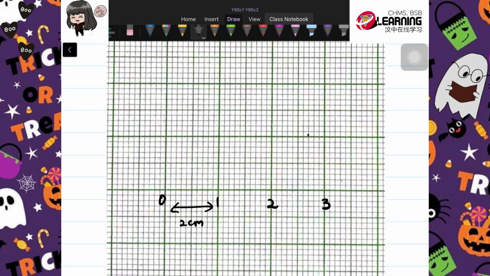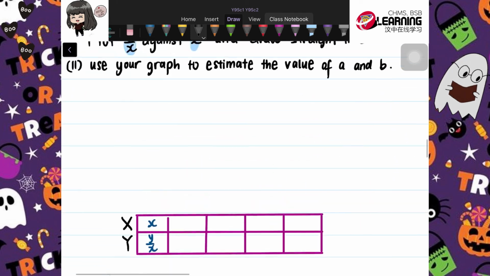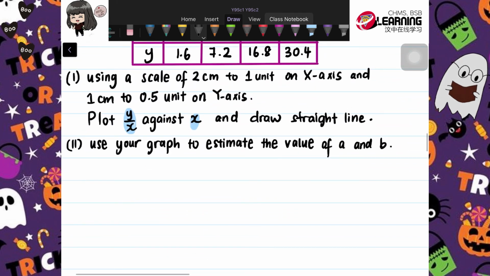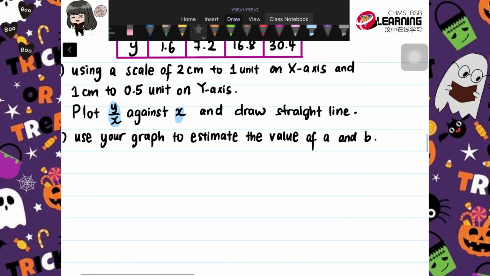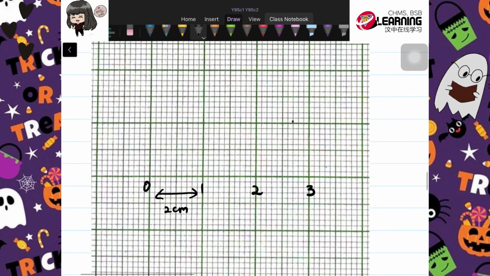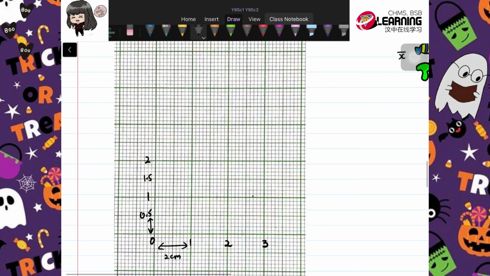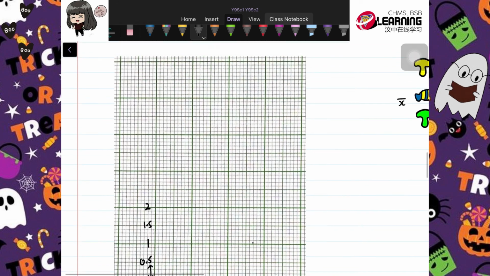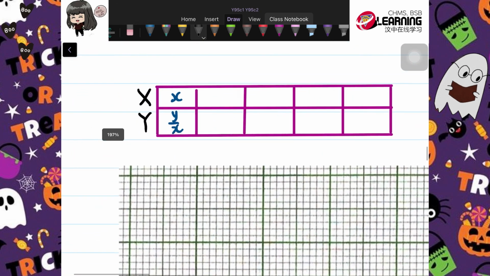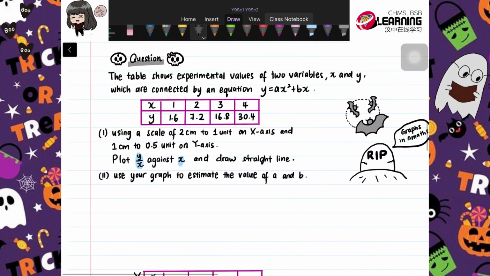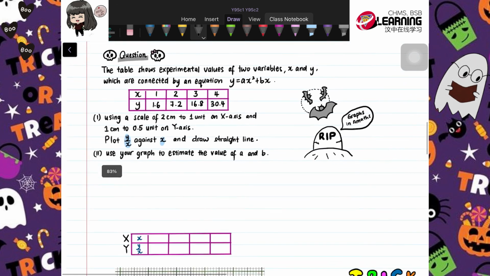And then your y-axis is 1 cm to 0.5. Okay, so 1 cm is like this. So 0.5, another 0.5, so it's 1, another 0.5 is 1.5, another 0.5 is 2, and so on. Okay, you need to know what is your highest x and highest y from your table. Okay, so I leave this question for you to do.